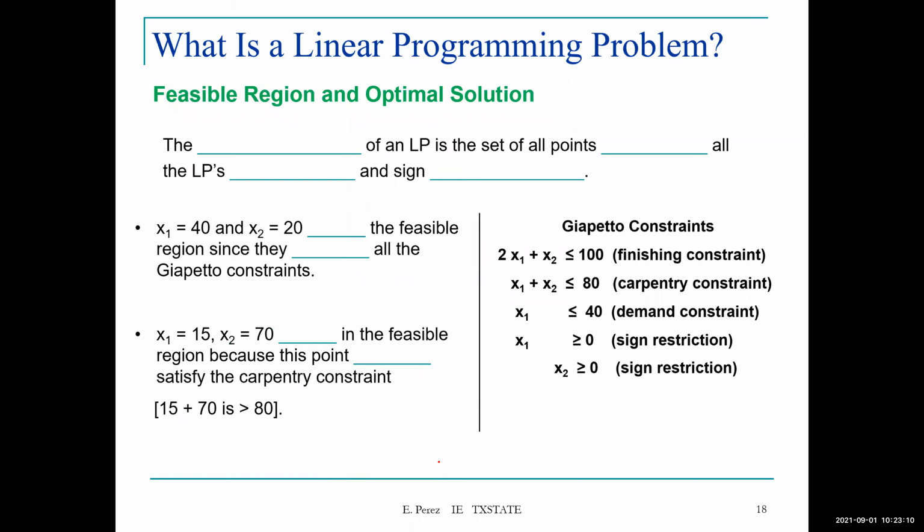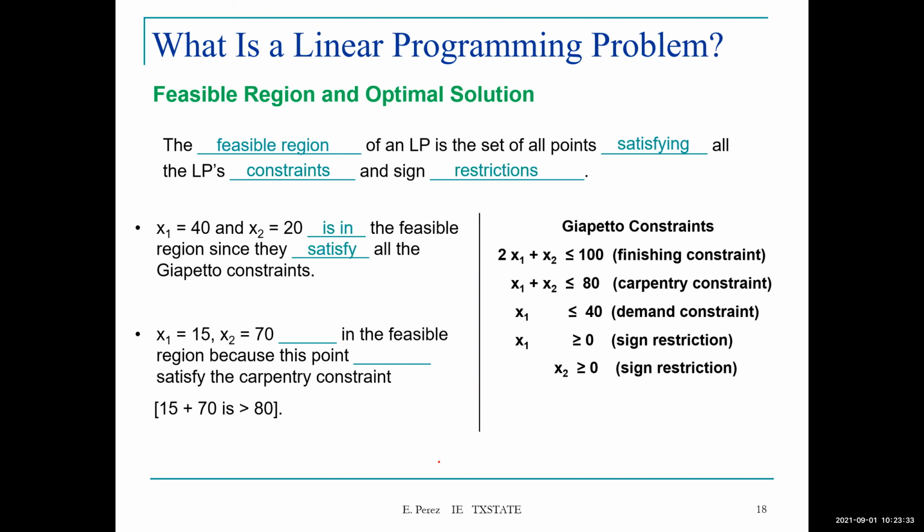Feasible region and optimal solution. The feasible region of an LP is the set of all points satisfying all the LP constraints and sign restrictions. So for example, X1 equals 40 and X2 equals 20 is in the feasible region since they satisfy all the constraints.